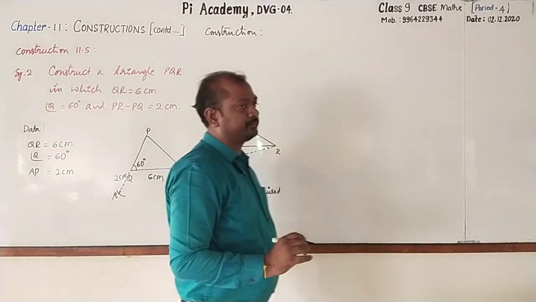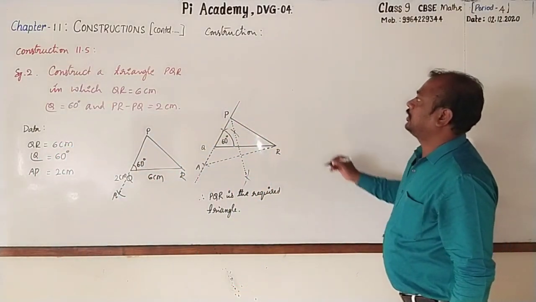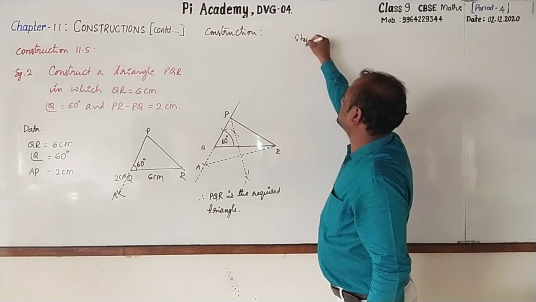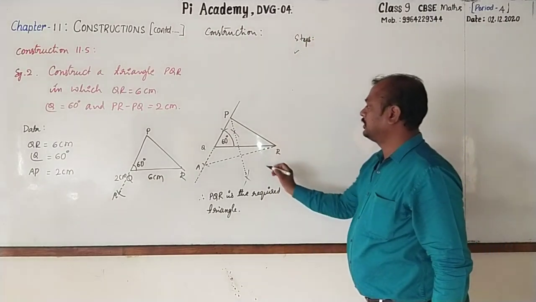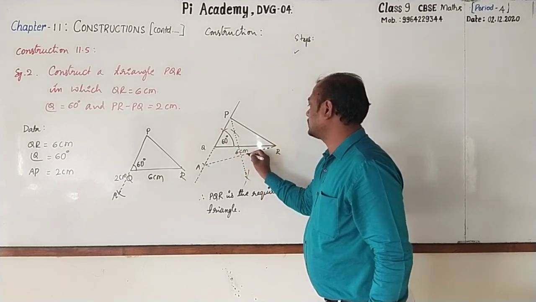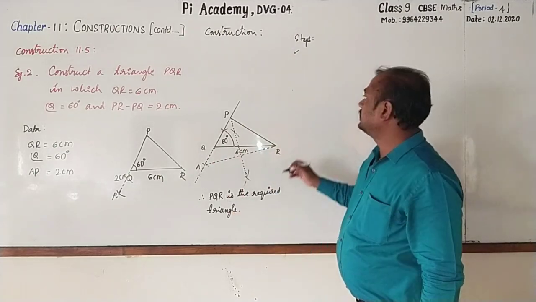Followed? Yes. Now write the steps of construction. First step. What is the first step? Draw the line segment QR of length 6 cm.